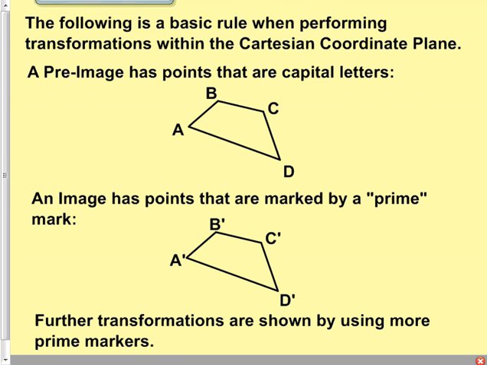Okay, and if quadrilateral A prime, B prime, C prime, D prime were to undergo some further transformation, then we would use more prime markers like A double prime, B double prime, and so on.